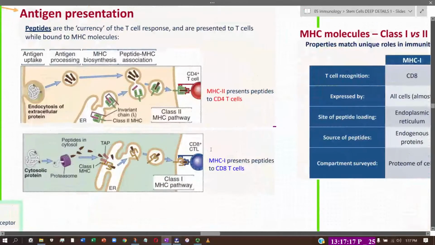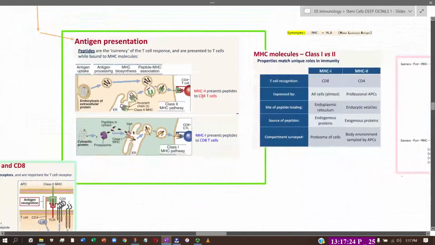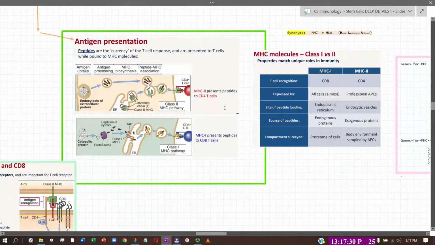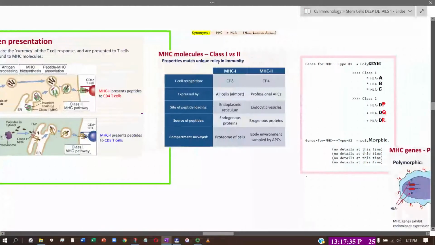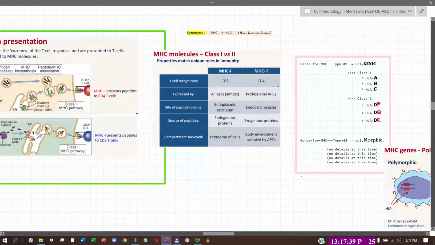There's MHC class 1 on the bottom and class 2 on the top. Class 2 is related to CD4 T cells, and class 1 is related to CD8 T cells. Here's a nice summary of what's going on between type 1 and type 2 MHC.